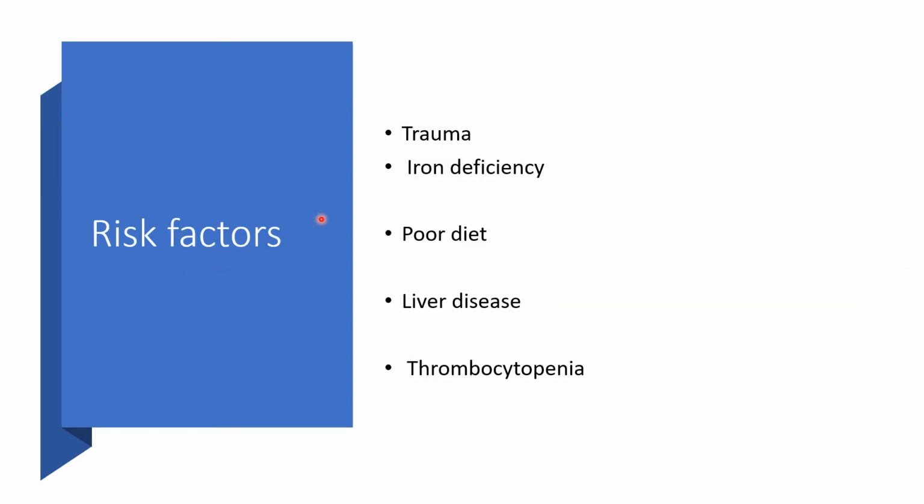Then other factors would come into play, like trauma, which could be minor or major, self-inflicted, or abuse or torture or molestation. Could be iron deficiency anemia. Now, this is a bit funny, right?